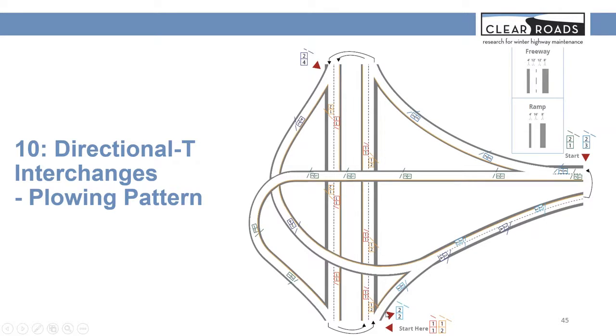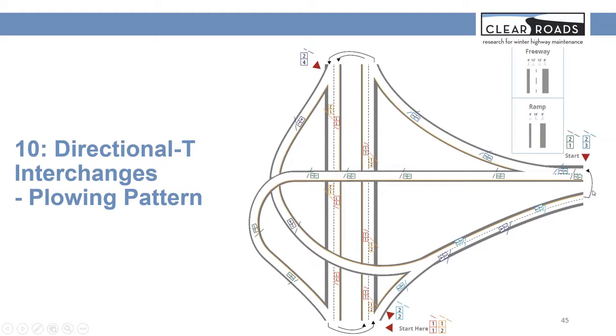Here, start pass number 2. Use the front and the right wing to push snow to the right, and when the truck enters this merged off-ramp lane, it stays to the left, but still keeps the wing plow pushing to the right and clears the left lane.